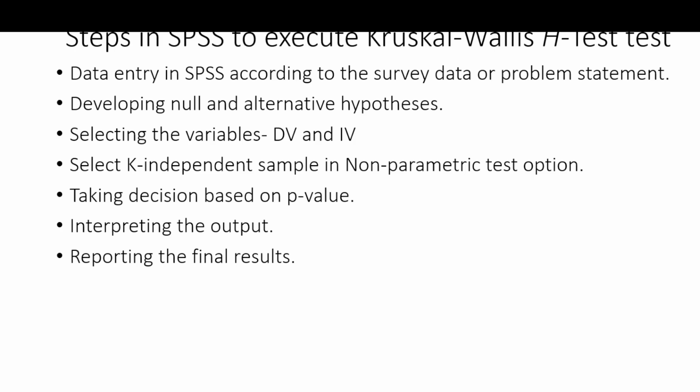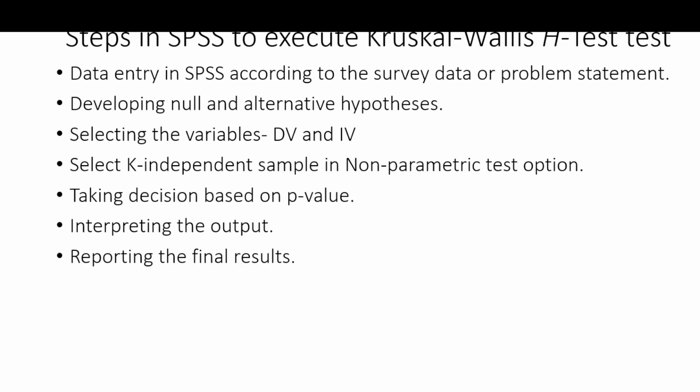Now, what are the steps in SPSS to execute the Kruskal-Wallis H test? First of all, you have to make a data entry in SPSS according to the survey data or the problem statement, develop the null and alternative hypotheses, and select the dependent variable and independent variable. Your dependent variable must be on a continuous scale or rank order scale, whereas your independent variable must be on a nominal scale having distinct categories.